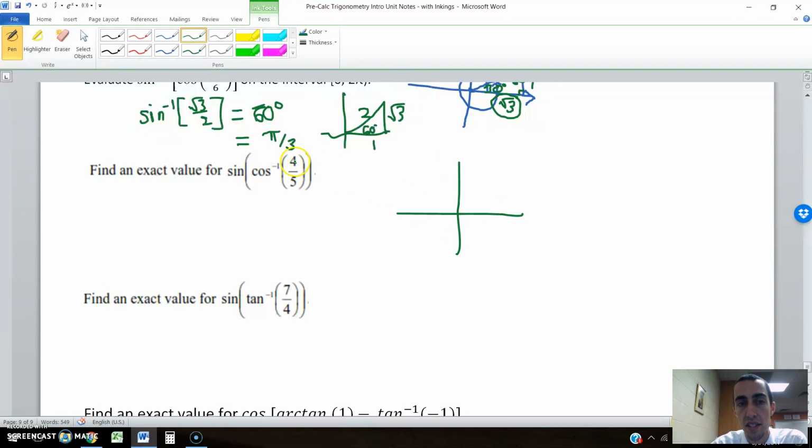Cosine is x over r, so x will be 4, and r will be 5. And so what is this angle here? Well, this isn't one of those standard 45-45-90 or 30-60-90 triangles.